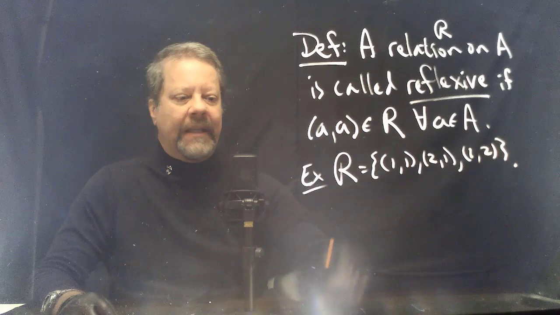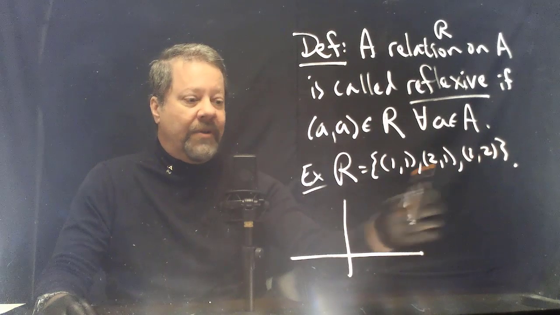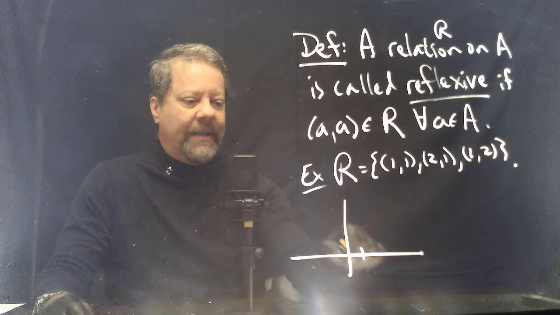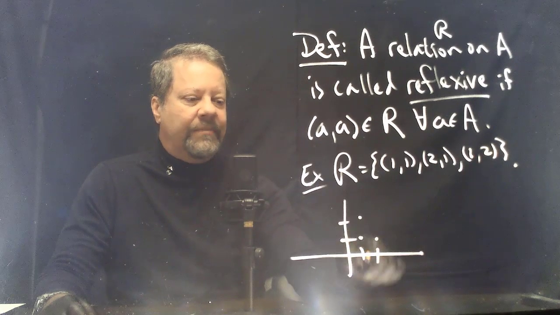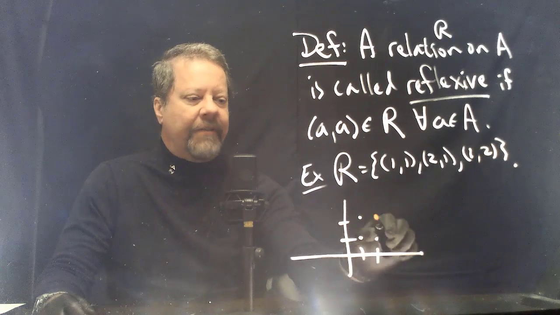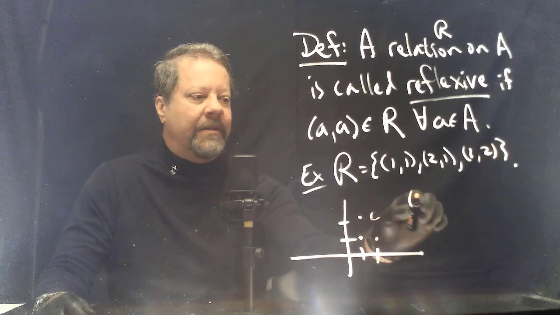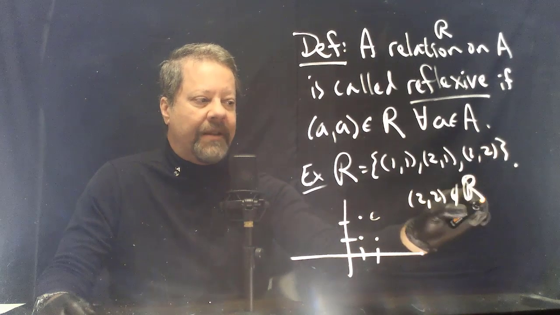Is this relation reflexive? Well, you can see that it has (1, 1) in there, and it has (2, 1), and even (1, 2). It's not a function, it's still a relation. But it's not reflexive because it doesn't have the point (2, 2). The (2, 2) is not in the relation.